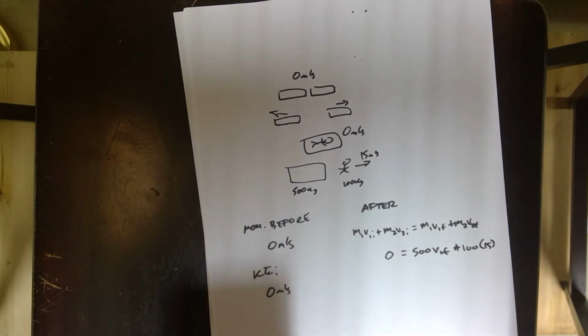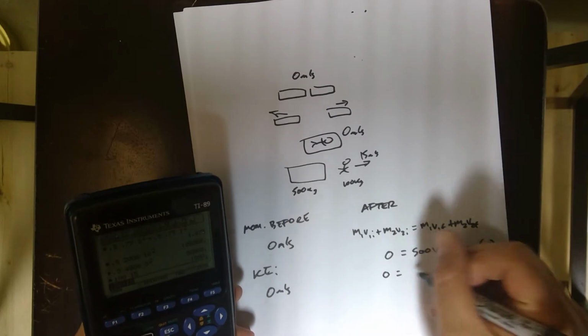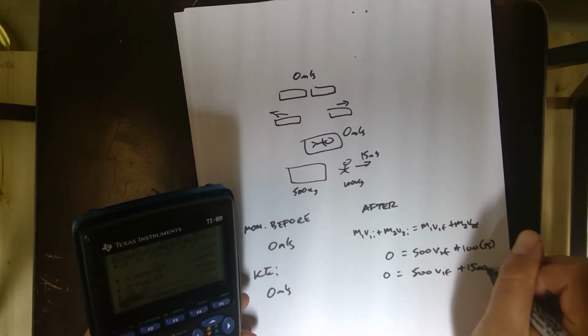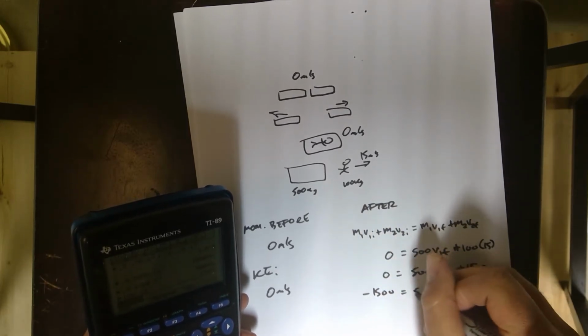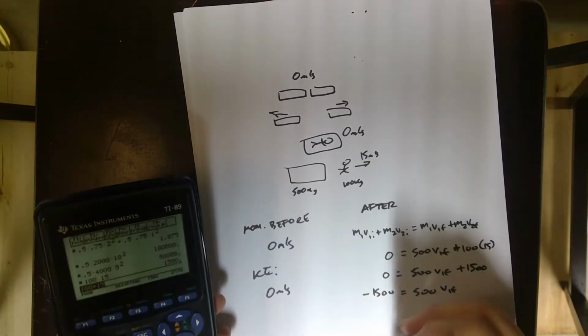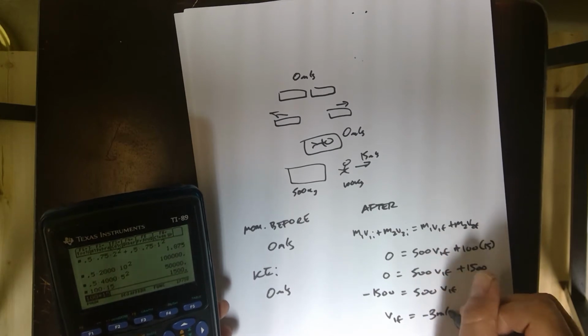So 100 times 15 is going to give us 1500. So that's 1500. We'll move it over to the other side. It's now negative. Last step, divide both sides by 500. And what you're going to get is that v1f equals negative 3 meters per second.